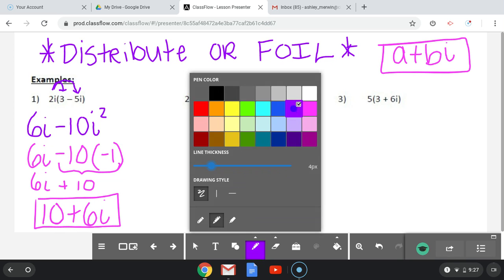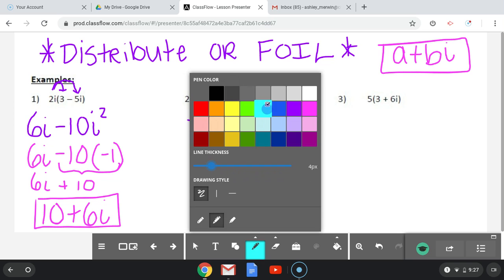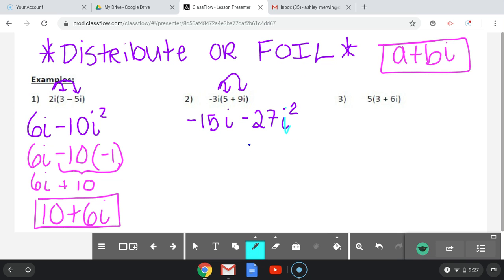Let's do another one like that. We're going to distribute the negative 3i. So negative 3i times 5 is negative 15i. And then negative 3i times 9i, I'm going to get negative 27. And then i times i gives me that i squared again. I squared, remember, we want to replace with negative 1.